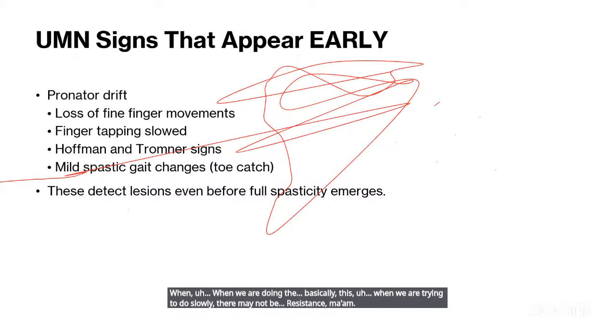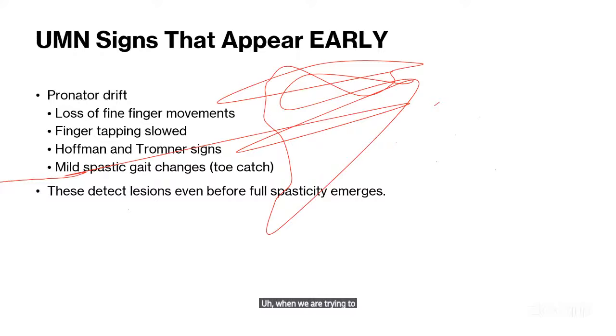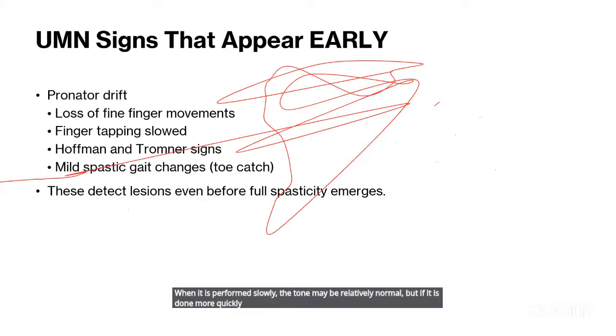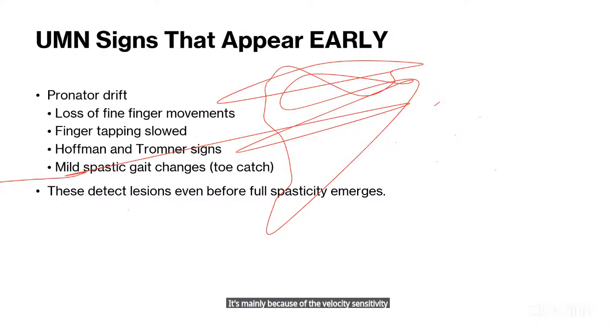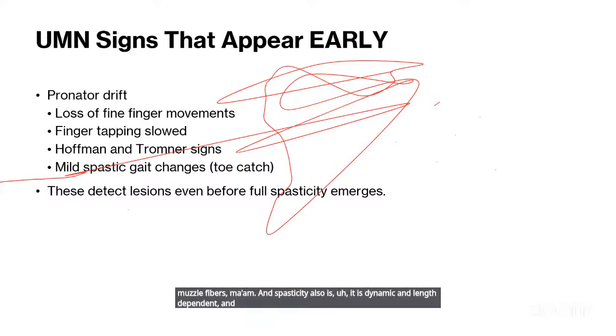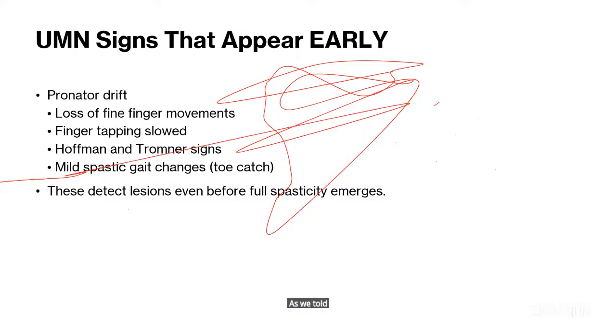When we increase the speed of the stretch, if it is performed slowly, the tone may be relatively normal, but if it is done more quickly, there will be resistance. It's mainly because of the velocity sensitivity of 1A afferents present in the muscle fibers. Spasticity is also dynamic and length dependent, and there is selectivity for the muscles, as we told. Right.